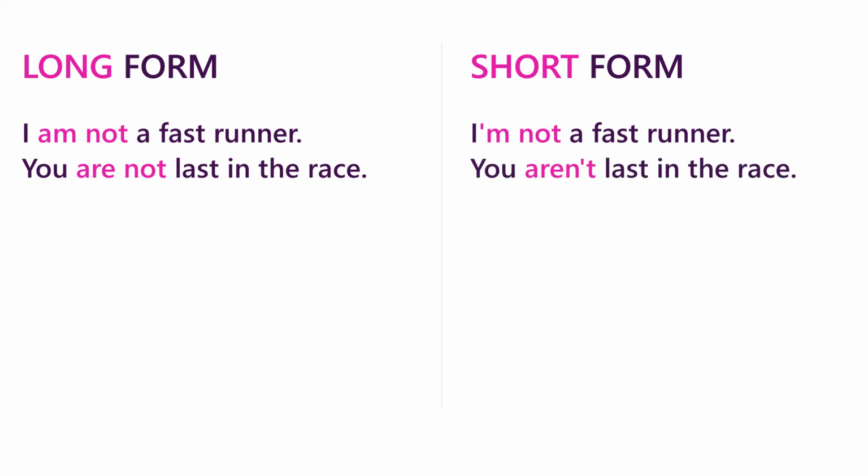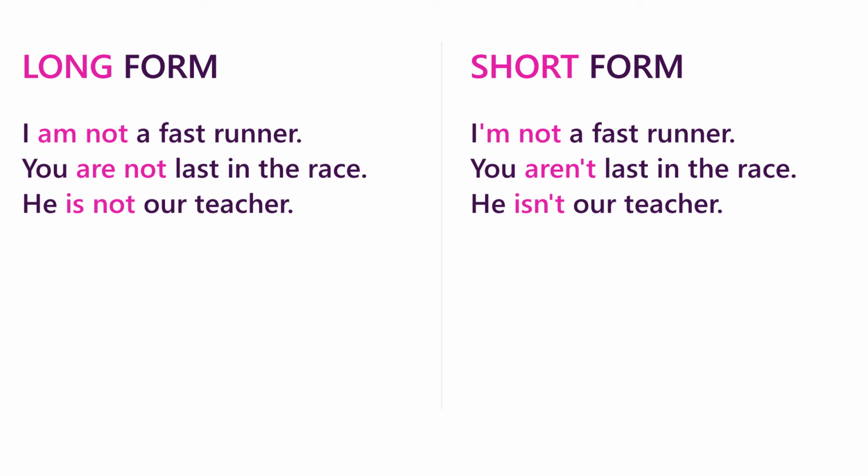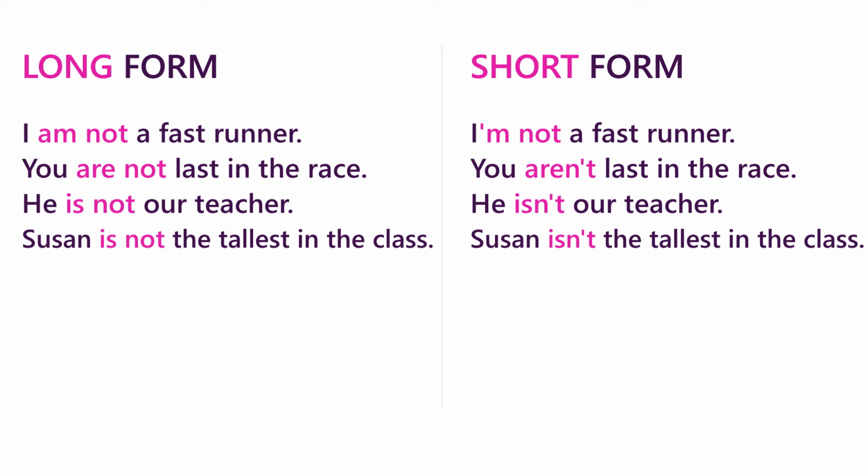You aren't last in the race. He is not our teacher. He isn't our teacher. Susan is not the tallest in the class. Susan isn't the tallest in the class.